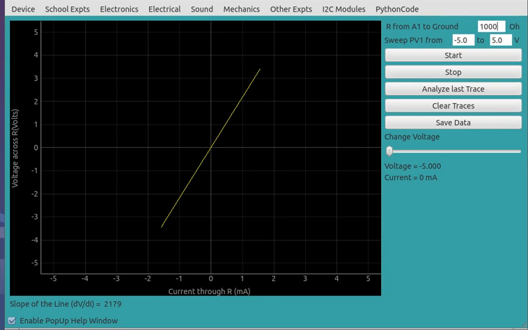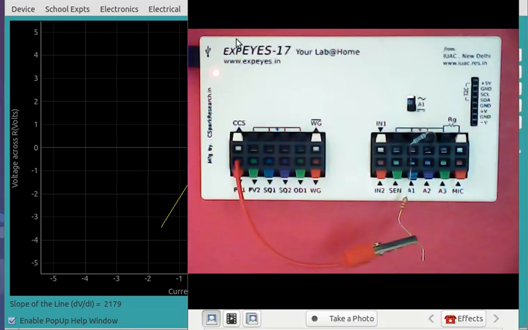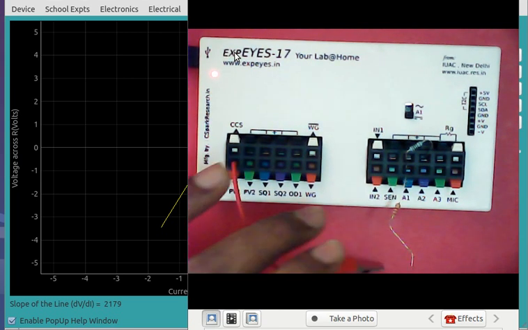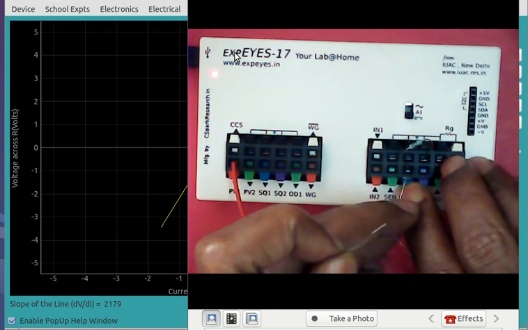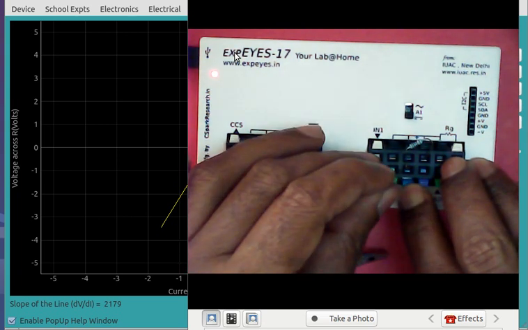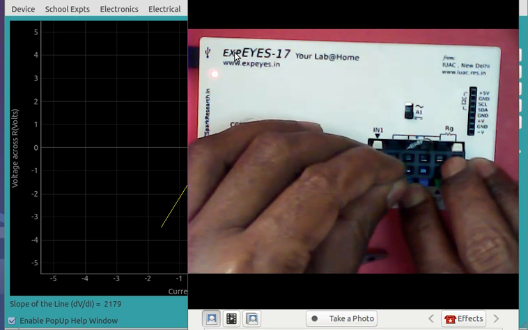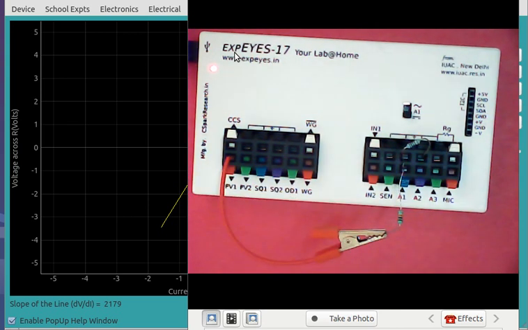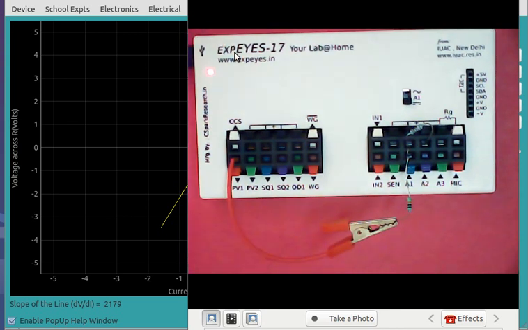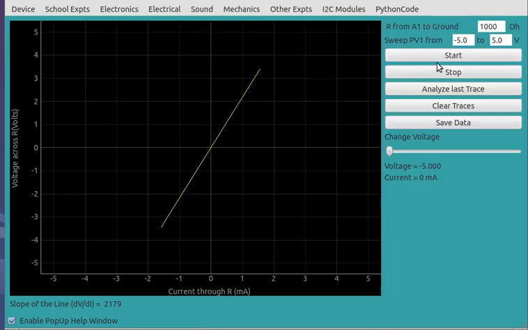So now we can try another resistance and see how the graph looks. So let us change the resistor. We will put another resistance having a different value, and we will come back and start again.